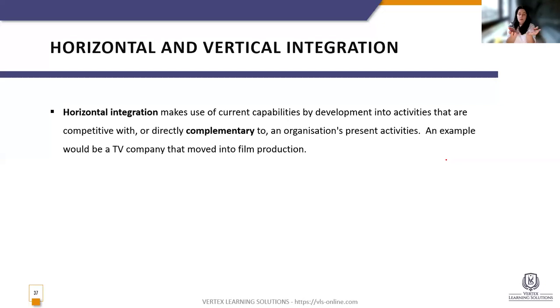Horizontal means that we are going to look at the level of the chain we are in, and we are going to look at something that is either complementary or something that is competitive. So, for example, if we are a streaming service like Netflix, horizontal would be to open cinemas because that is actually a substitute.